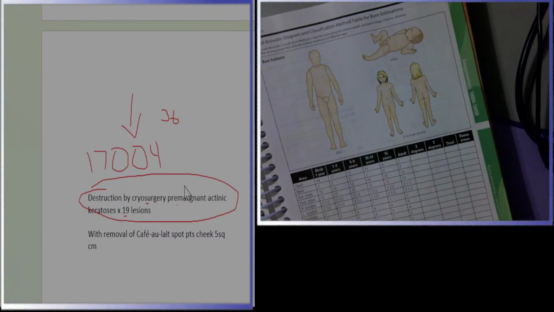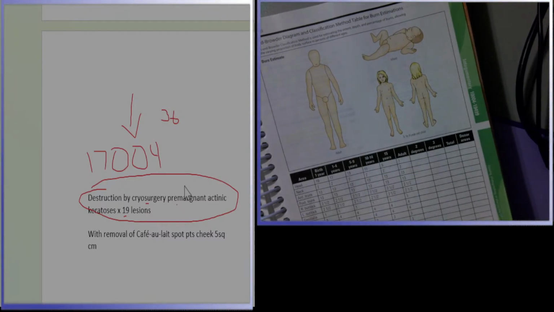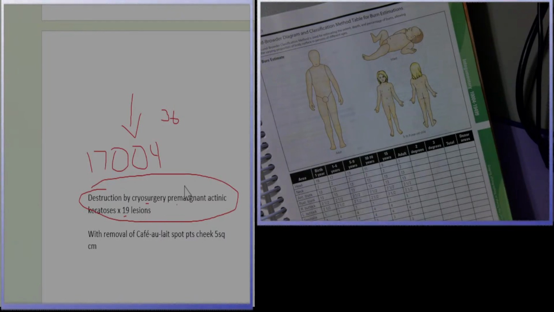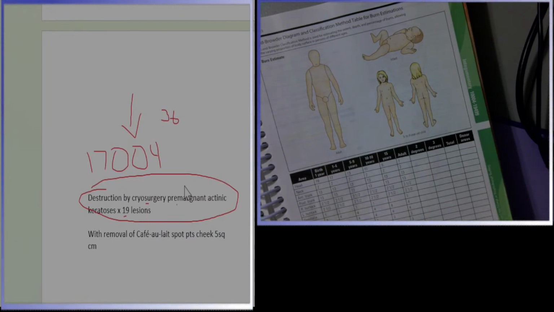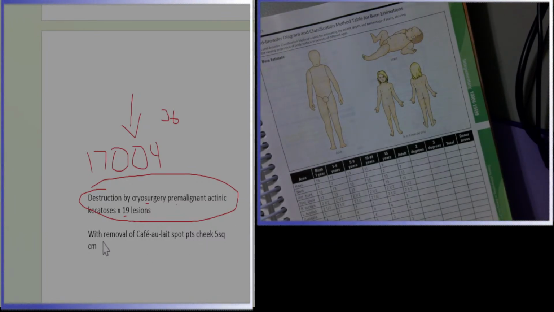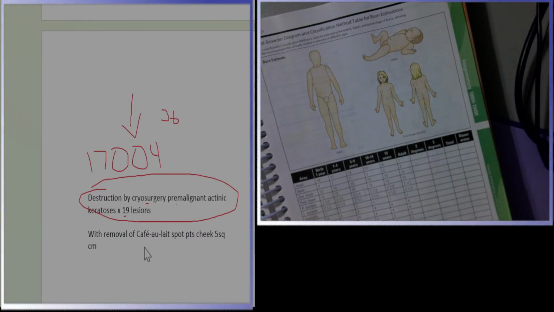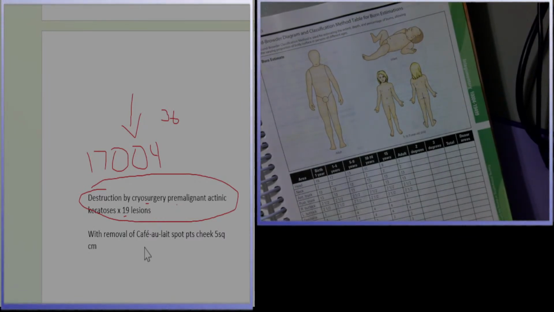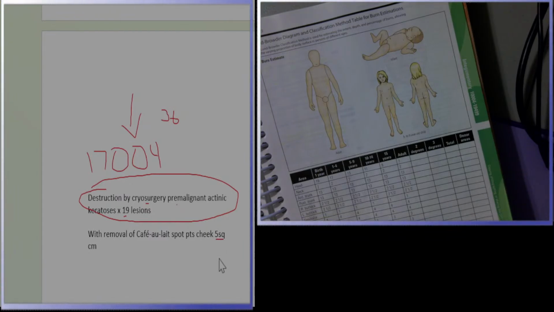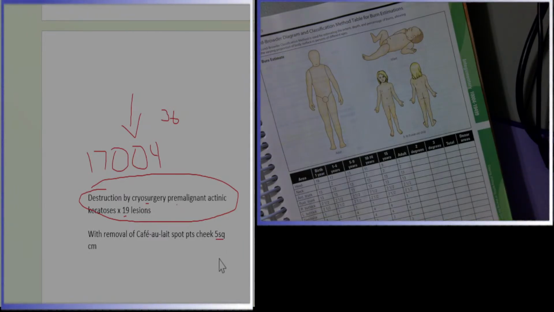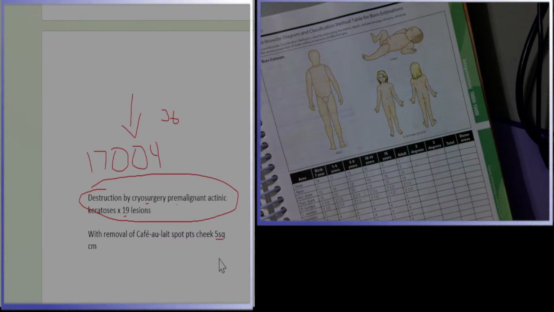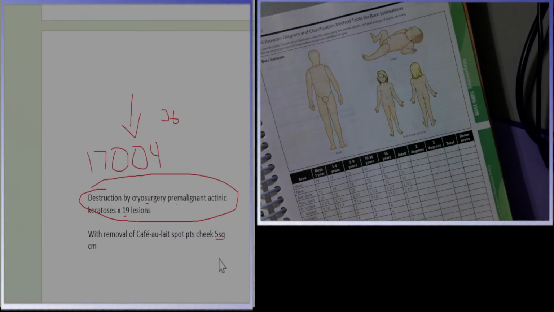I'm a hot mess. Telling y'all 18 was correct. Good Lord, lost my mind. Sorry, I'm not infallible. All right, what about the bottom? What if we're removing some cafe something spot? What the heck is that? And we're 5 square centimeters. Oh my gosh, much as you talk about each, I should have caught that.